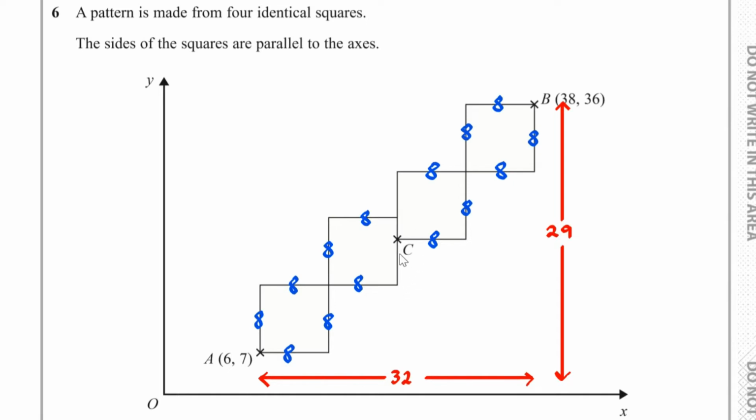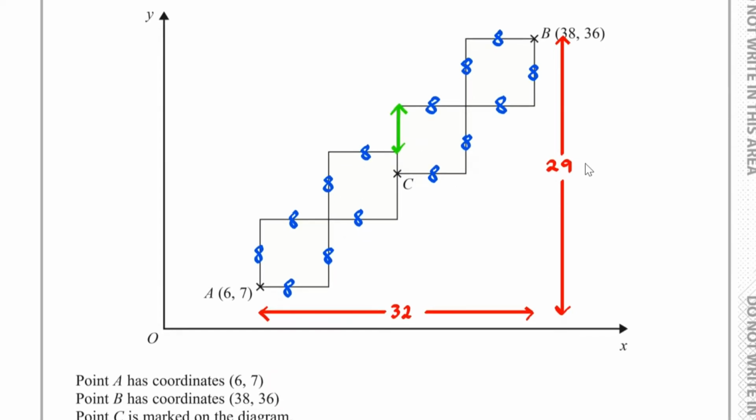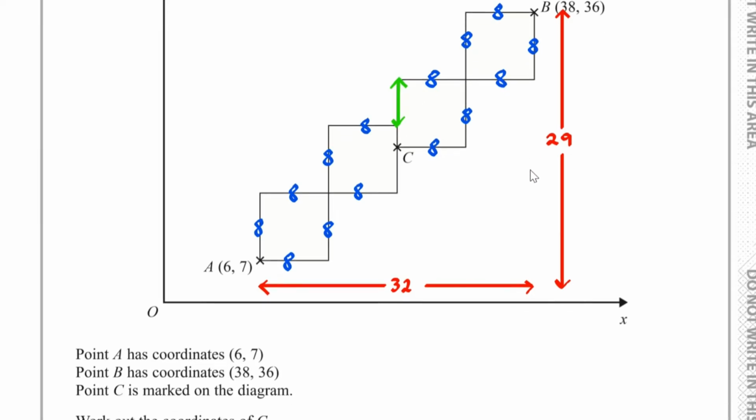And for us to find the coordinates of C, well, this length, to find out what that is, we have a total length of 29, and this 8, this 8, and this 8, plus this length here will give 29.